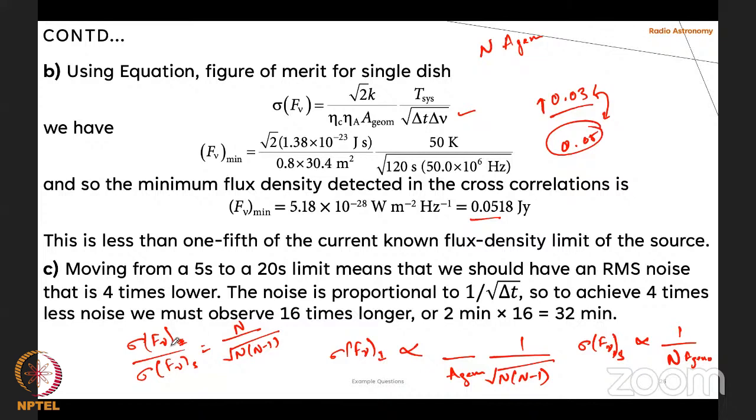In weeks 8 and 9, sir showed something called the dirty image, and how we can remove the point spread function and denoise it. There are different algorithms in the week 8 and 9 CASA lectures.